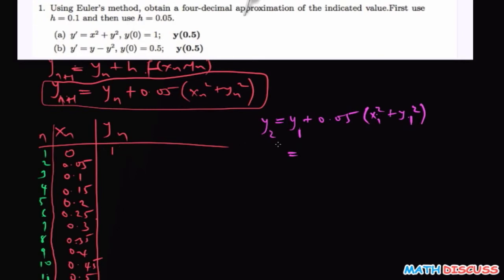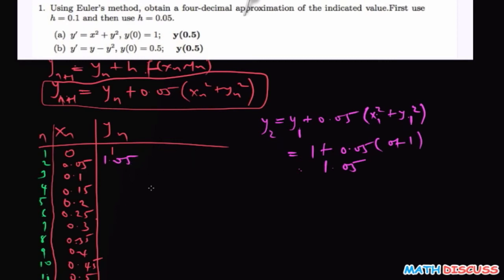Our y1 is 1, so 1 plus 0.05 into x1 squared, that's 0 plus 1 squared, which is 1, so 1 plus 0.05, which is 1.05. So that's the first value you would have, 1.05.